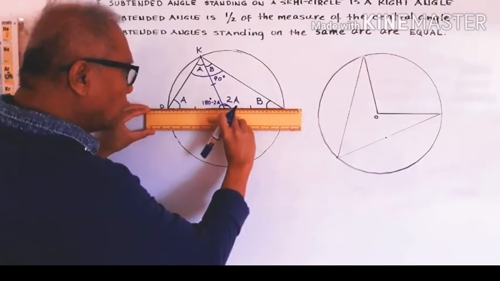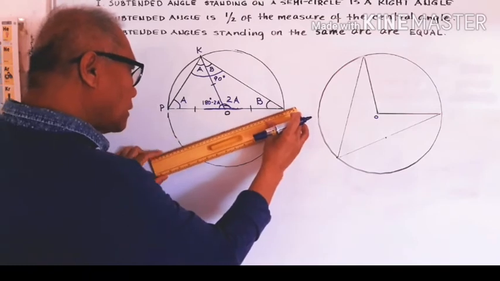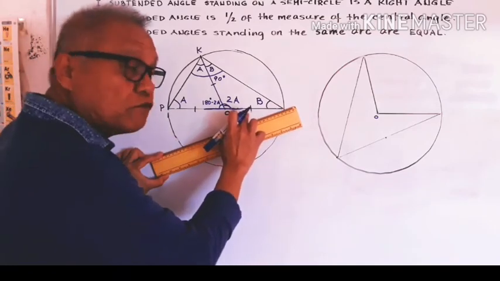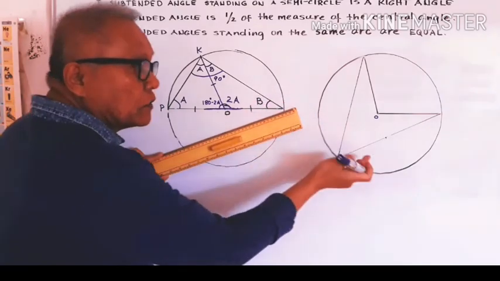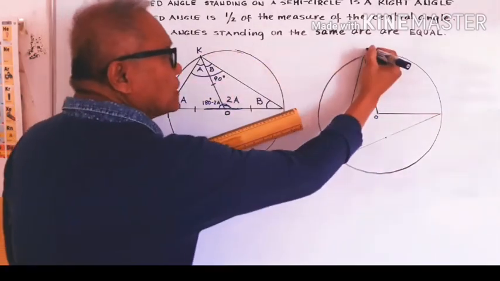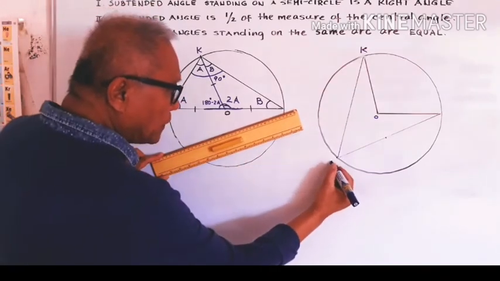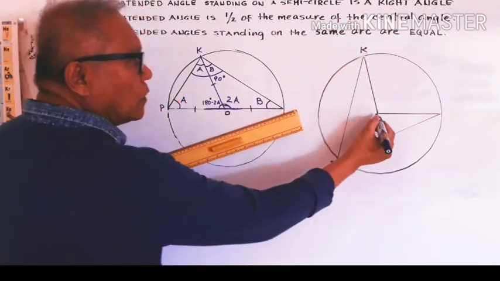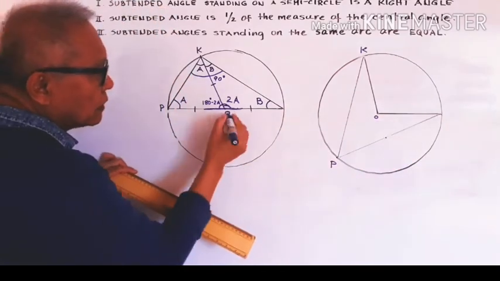Only this part will move; this one will not move. So this one is point K, and this is our point P. O to this point is the same, and we will not move this.